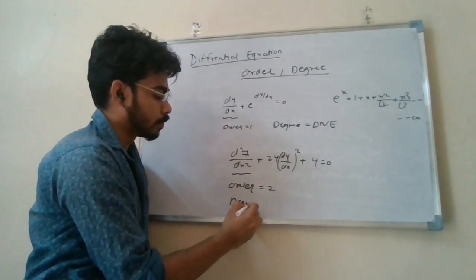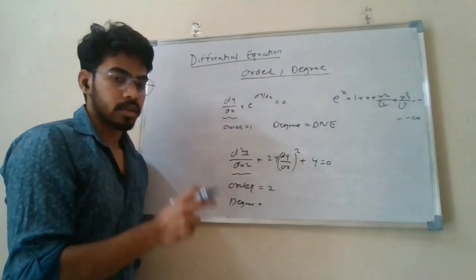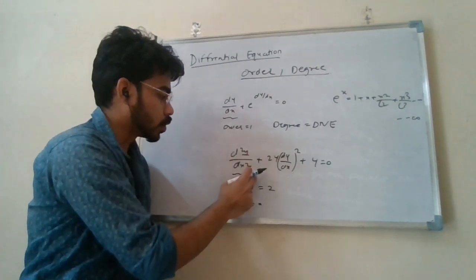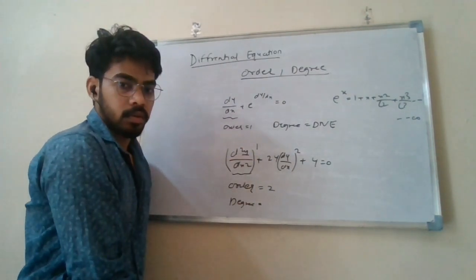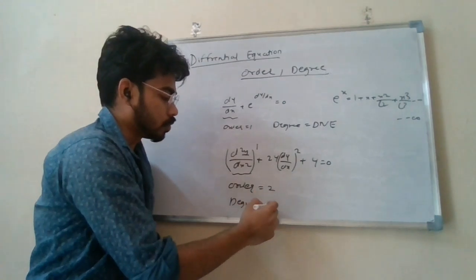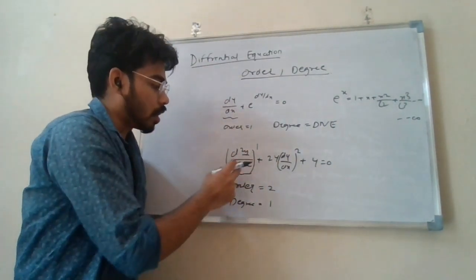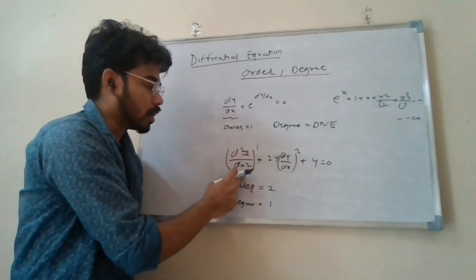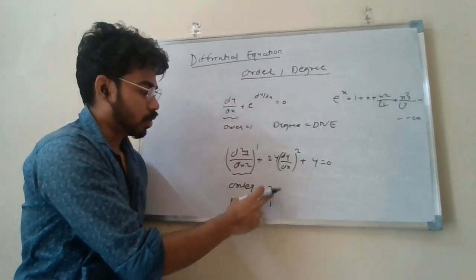And what is degree? Sorry, I forgot to say that. Degree is the power of the highest order derivative. So what is my highest order derivative? d2y by dx square, and its power is 1. So my degree is 1 and order is 2.